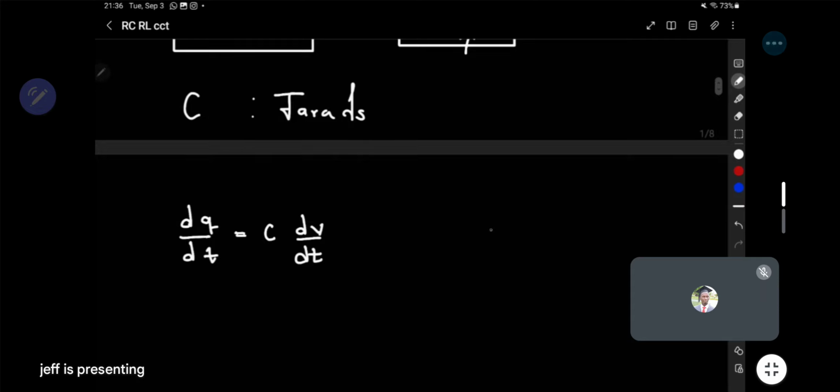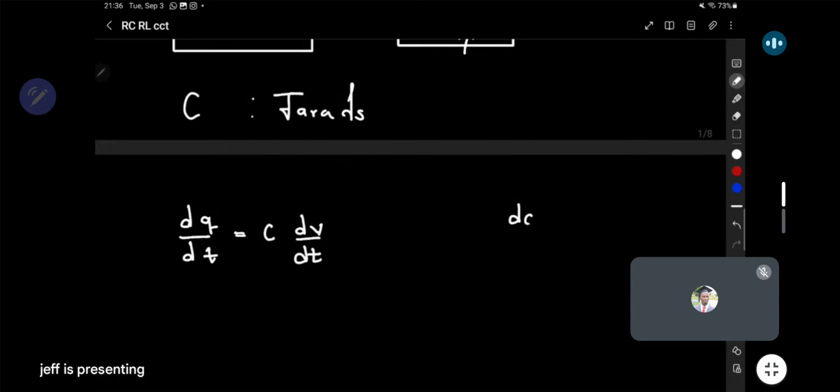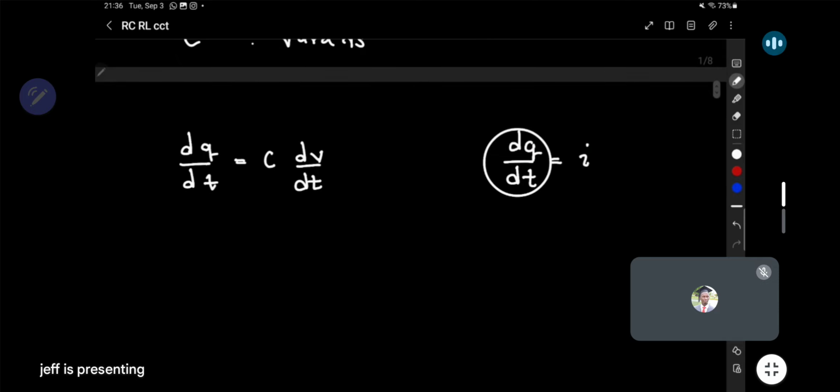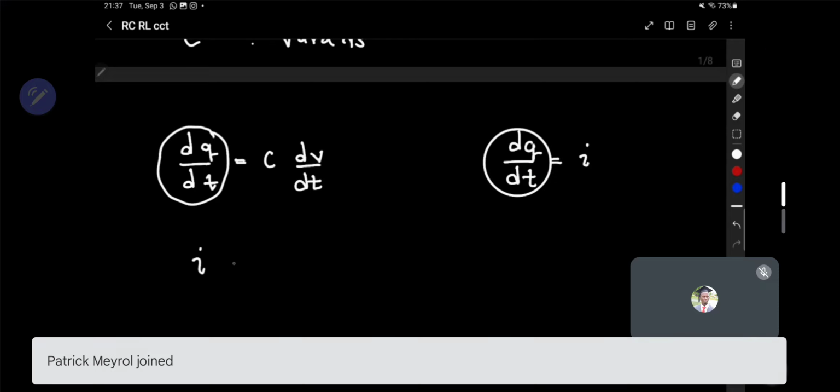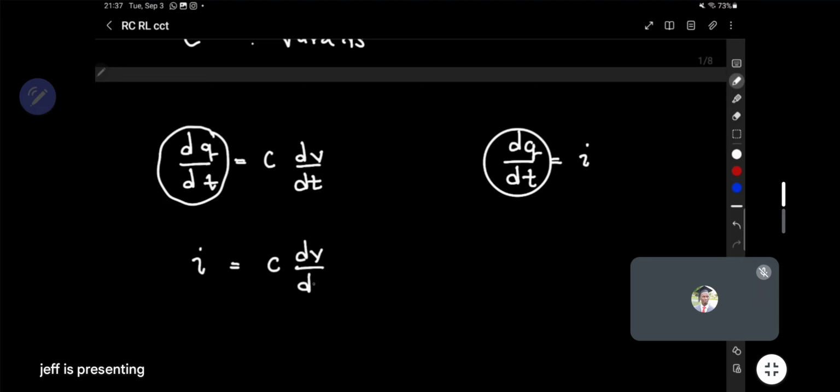But if you have the rate of change of charge with respect to time, notice that this is the definition of current. Current is the change of charge with respect to time. Based on that, we can now see that this part is just current, and this will be equal to C dV/dt.